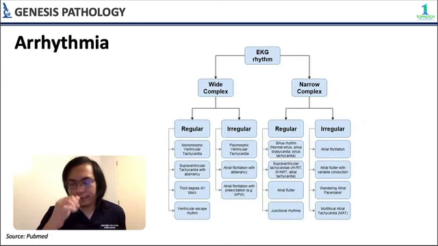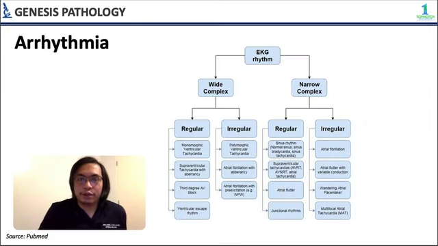So, we have different types of arrhythmias. Madali lang siya. You just have to classify whether your arrhythmia is wide complex or narrow complex. May isa pa yung classification sa arrhythmia, especially in bradycardias, pero mas gusto ko to, wide complex versus narrow complex.